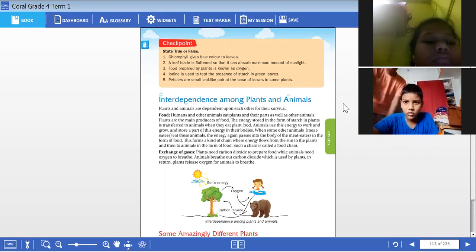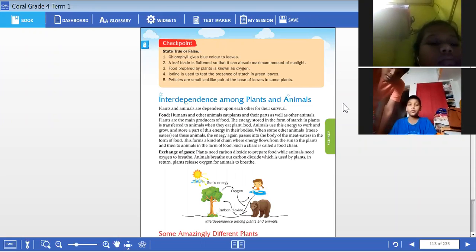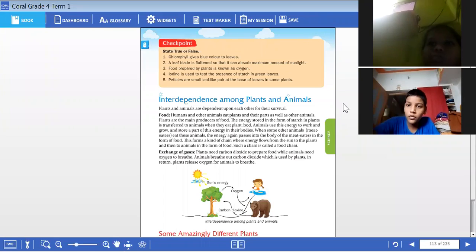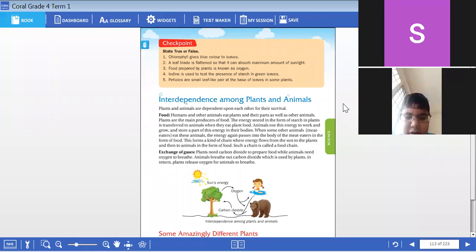There's a lot of disturbance. Neeraj, are you taking your book? Have you taken your book? Where are your notebooks, children? I'd like to see the books in front of you.